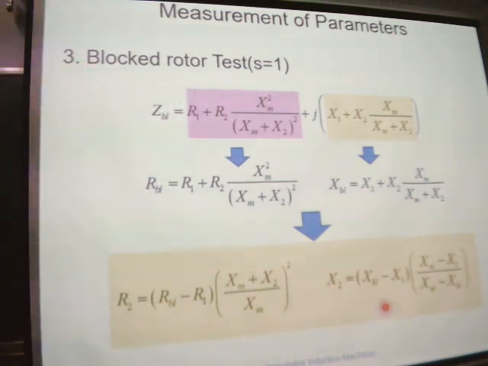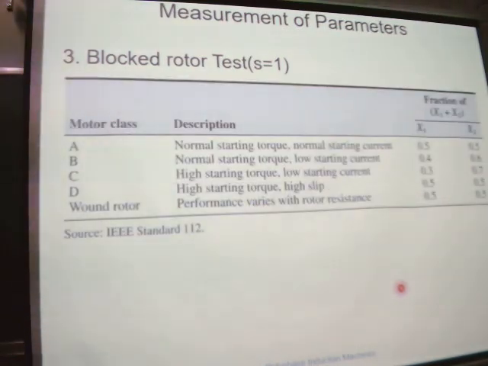We don't know the relation of x1 and x2, so we can't get the real value, but we have some information about x1 and x2 according to different kinds of motor. There are five kinds. Normally, we use the A kind, so we just think x1 is equal to 0.5 x2.